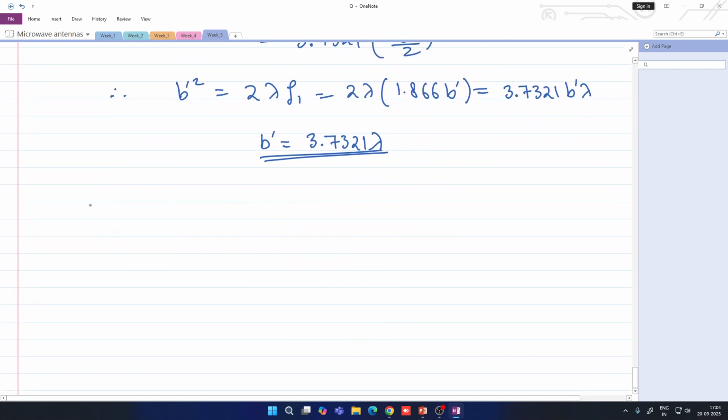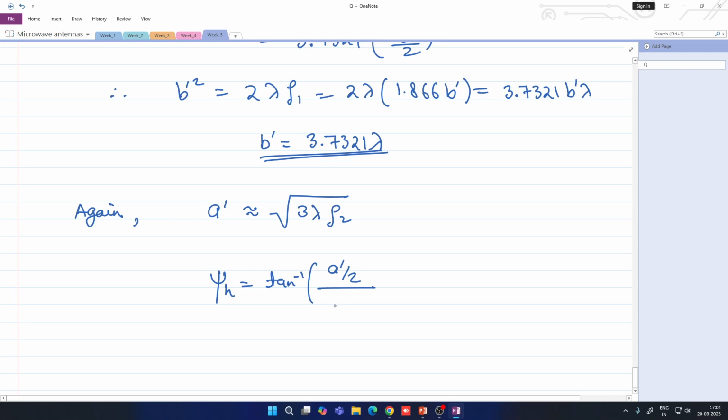Now we can do the same thing again for a prime. A prime is approximately equal to under root 3 times lambda times rho 2, and psi H is equal to tan inverse of a prime by 2 divided by rho 2.